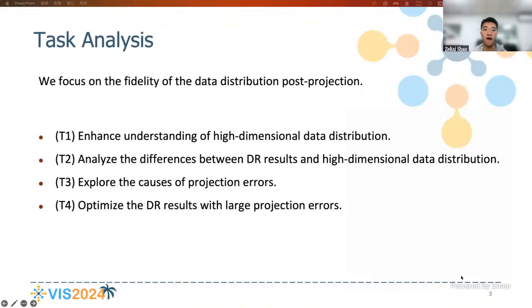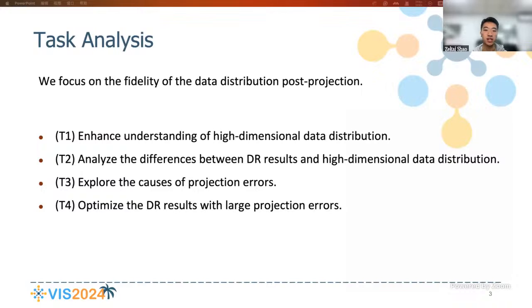Our main goal is to help users comprehend high-dimensional data and enhance the interpretability of these projection results. We focus on the fidelity of the data distribution after projection, and we identify four analysis tasks in our work. The first is to enhance understanding of the high-dimensional data distribution.